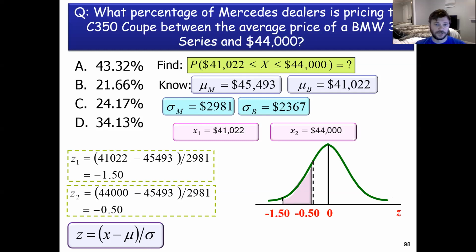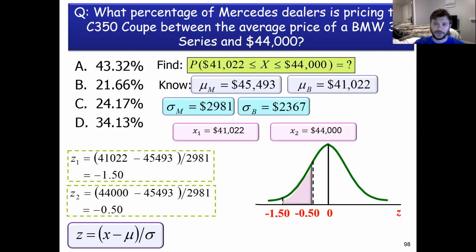Remember, it's symmetric, so you can use the positive values instead of the negative values. Find the table value associated with a Z-score of 1.5, and the table value associated with a Z-score of 0.5. Then you're going to take the bigger one and subtract the smaller one. You're going to take the 1.5 table probability and subtract the 0.5 table probability.